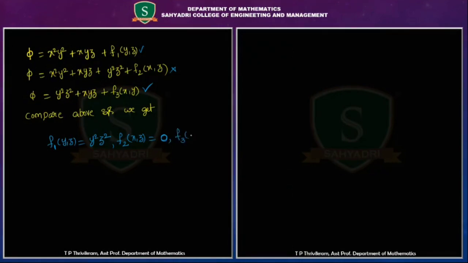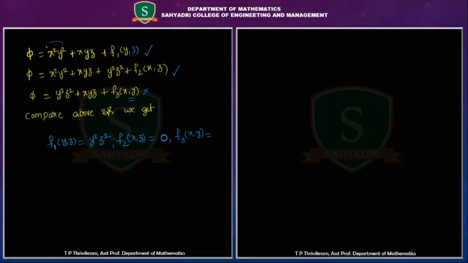Similarly, f3 of x comma y is equal to how much? So the xy function, except in this equation, you should not check in this equation, you have to check in these two equations.